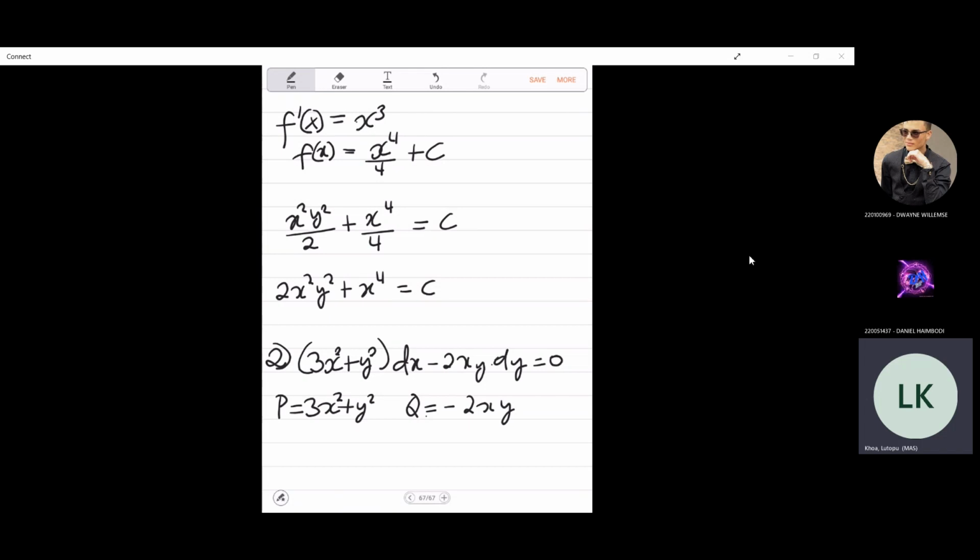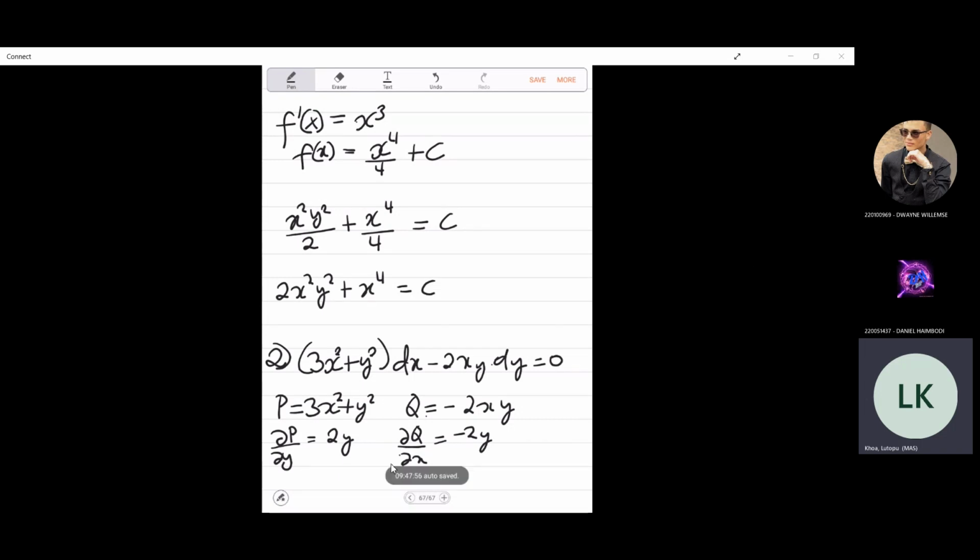So we can differentiate each of them and see if they are equal, then we'll know if it's exact or not. So we have dp/dy, this is 2y, and dq/dx is minus 2y. So clearly these two are not equal, so it's not exact.